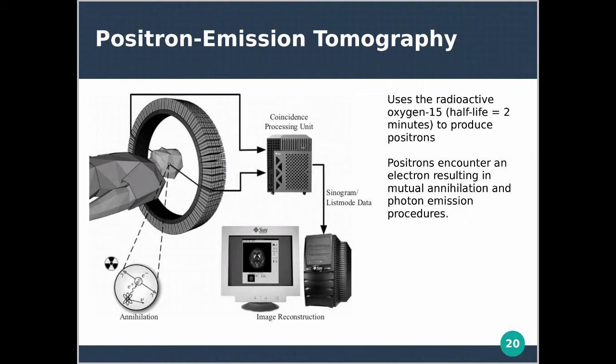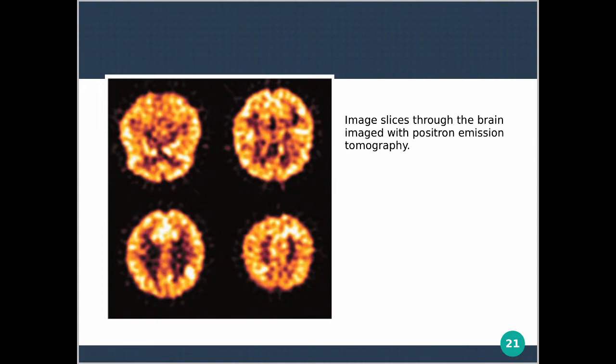When they encounter electrons from other cells and tissues, they annihilate each other, and due to that annihilation, light is produced. That light is then detected by your detector, and from the detector you will know in which part of the body the signal is coming from. In short, you will produce an image like this one.